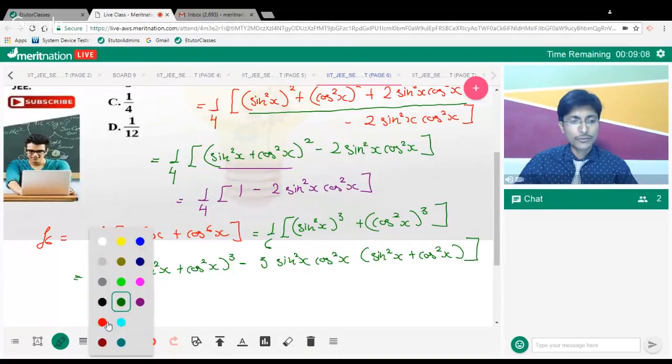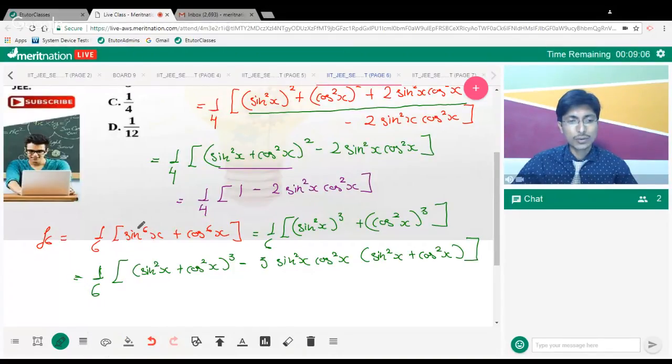For some of you, it might seem complicated. So just correlate sine square x as A and cos square x as B, and then use the formula of A plus B whole cube. Then everything will be crystal clear to you guys.